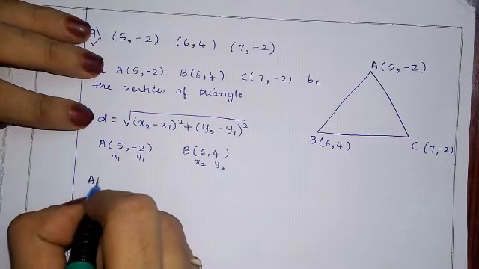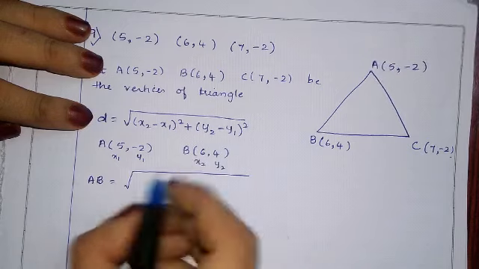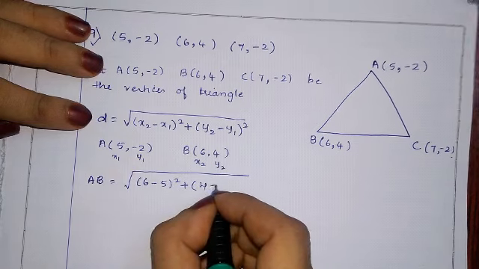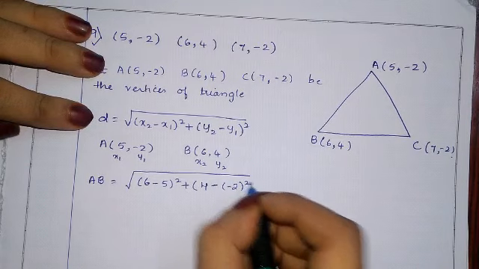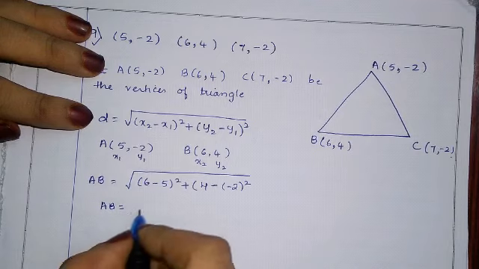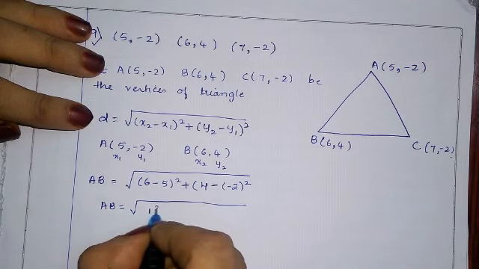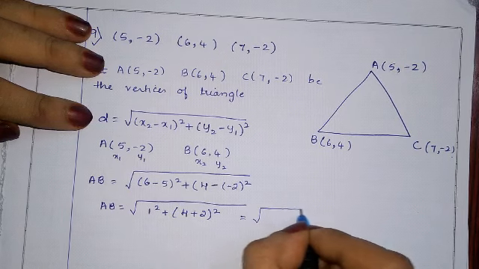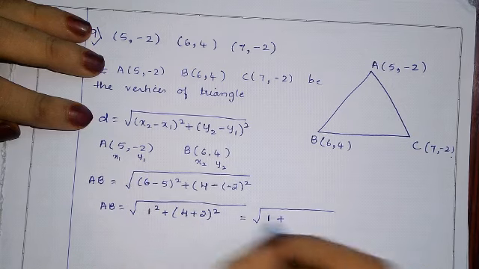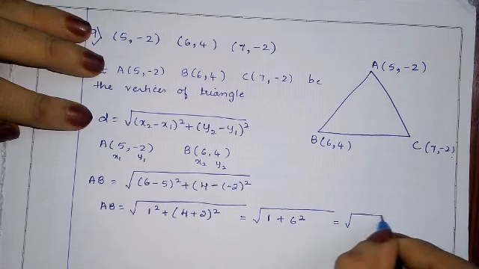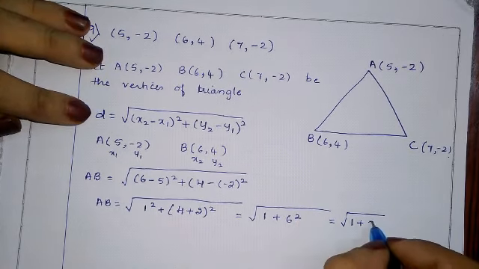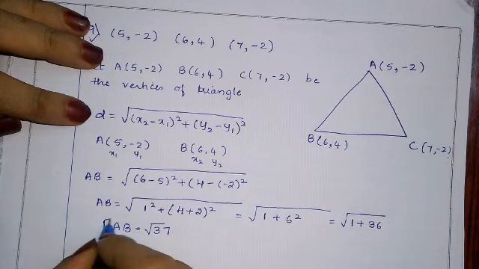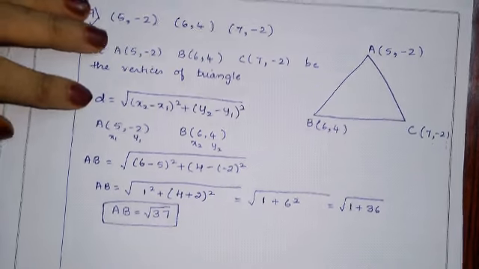AB is equal to root of (6 minus 5) whole square plus (4 minus minus 2) whole square, which is root of 1 square plus 6 square, which is 1 plus 36. AB is root 37.